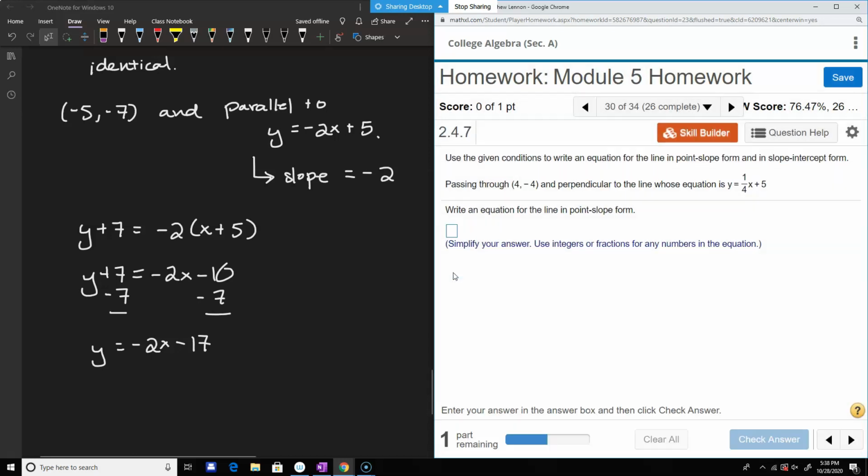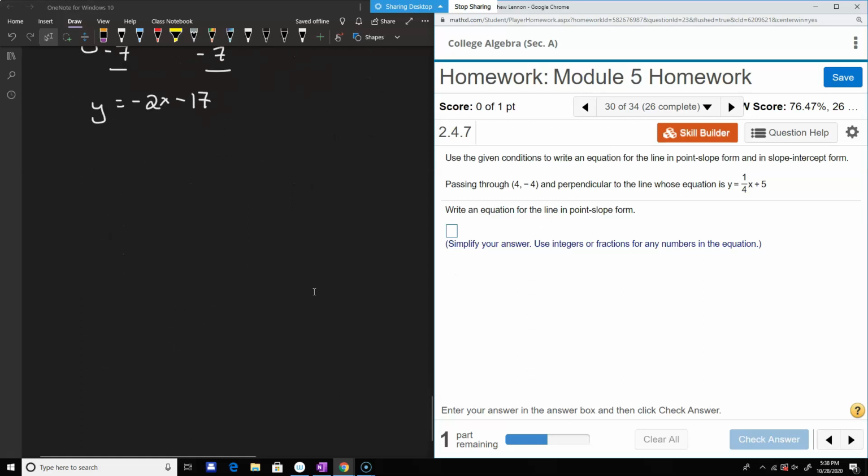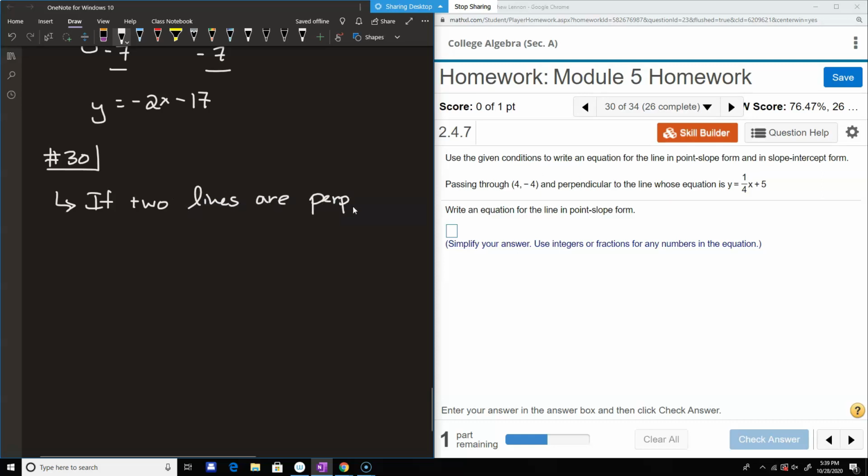Okay, so on the home stretch here. Number 30 is about perpendicular lines. So if 2 lines are perpendicular, so what does perpendicular even mean?